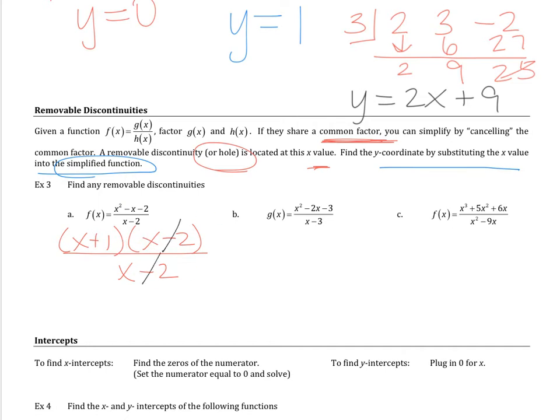So I'm going to cancel those out. And that tells me that my hole is at the x coordinate of 2. And that I find the y coordinate by plugging 2 in to what's left, right? So once I cancel those out, all I'm left with is x plus 1. So when I plug the 2 back in there, 2 plus 1 is 3. So my hole is at 2, 3.